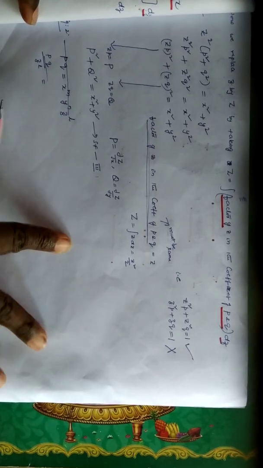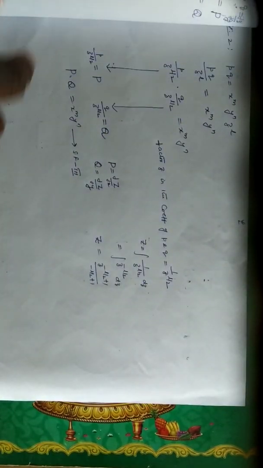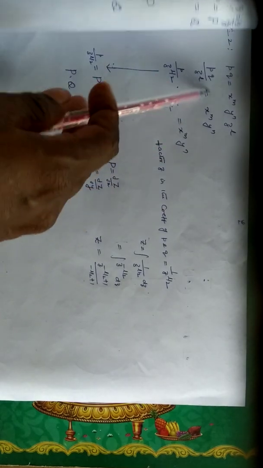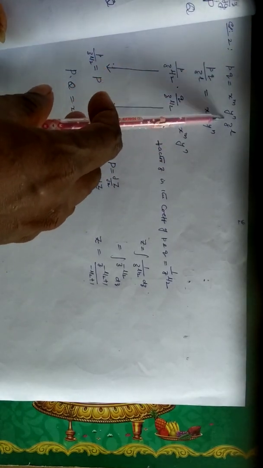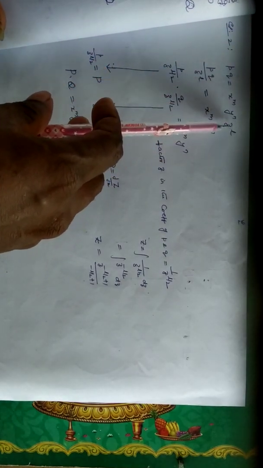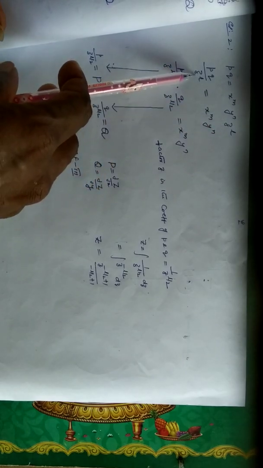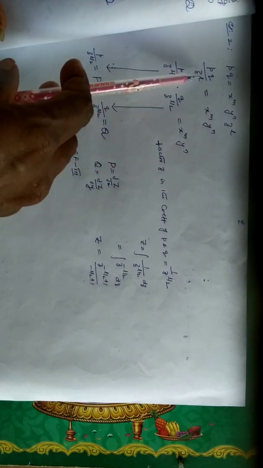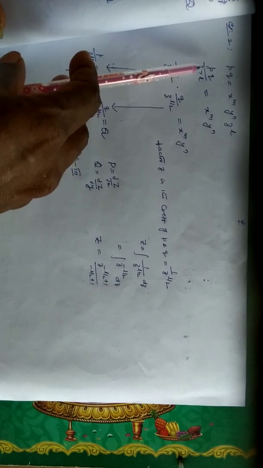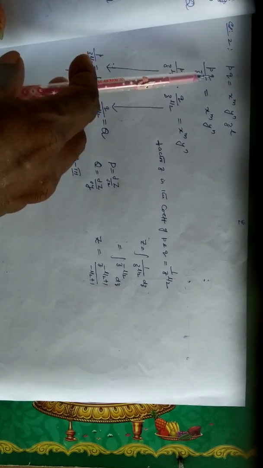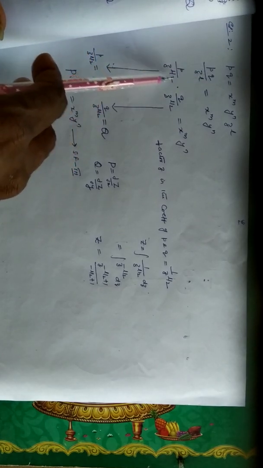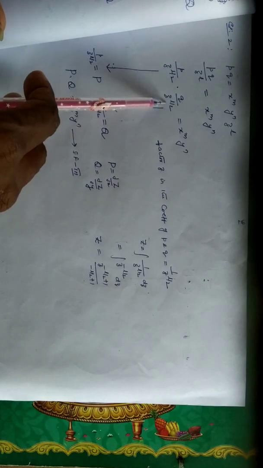We consider one more example on the consideration of z. Suppose the given PDE is like this: p into q equal to x power m into y power n by z power l. We write the z power l on the left hand side, pq by z power l. We distribute z power l equal to pq, that means p by z power l by 2 into q by z power l by 2.